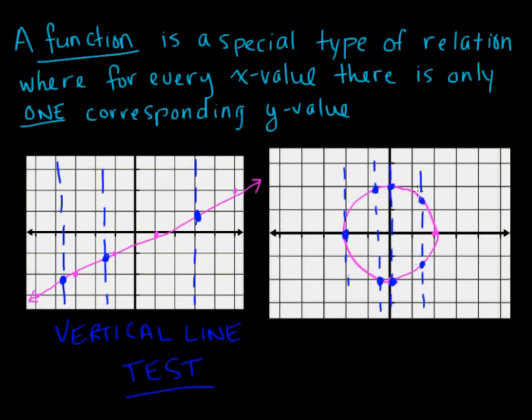So since there's a vertical line that crosses in 2 locations, that actually means that for that particular x value, where that vertical line is located, there are 2 y values associated with it. So that circle is not a function.